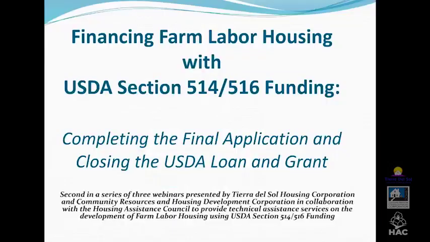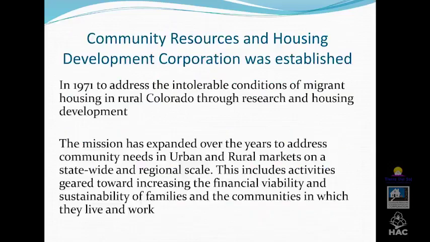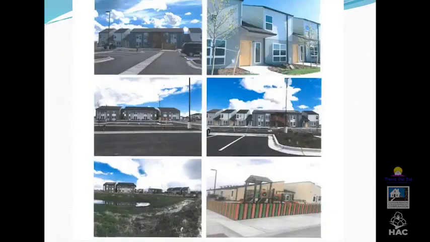Tierra del Sol has been providing services for farm workers and other low-income persons since 1973. They also have been providing technical assistance to develop farm labor housing since 2002. They are the technical assistance providers covering the eastern and central regions of the U.S., and CRHDC oversees the provision of those services in the western region, and I'll show you a map.